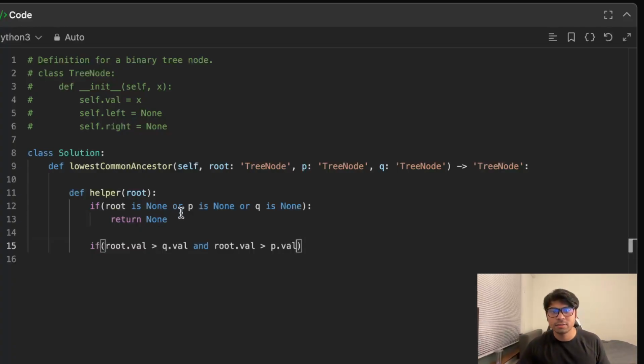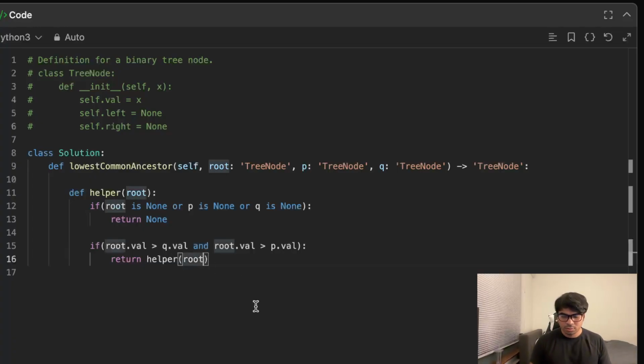I should have written it the other way, p and q, but it doesn't matter. Then we return, what do we return? We're gonna call the helper function on the left side, if my root is greater than both of them.